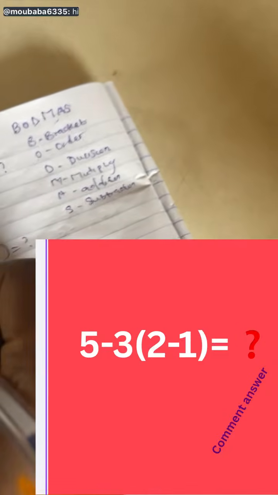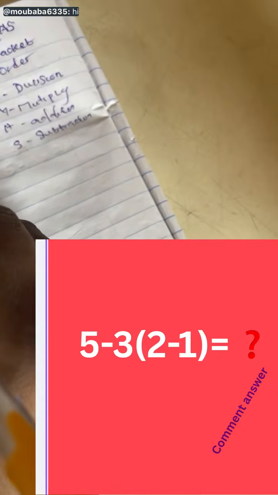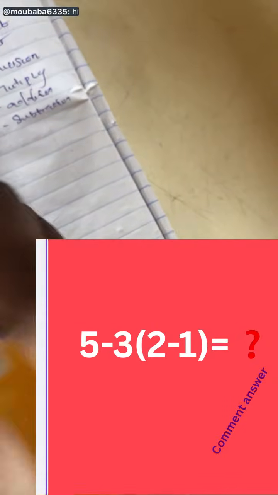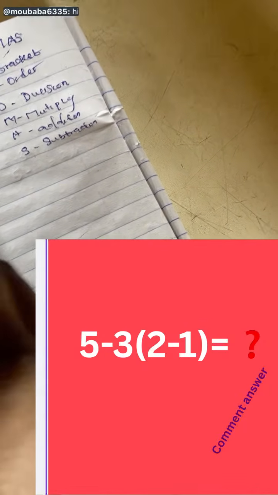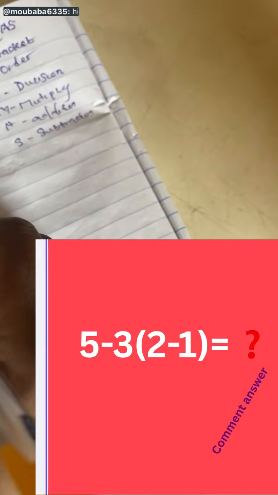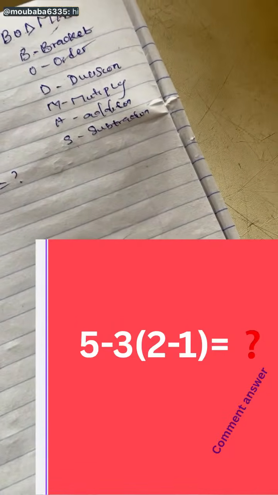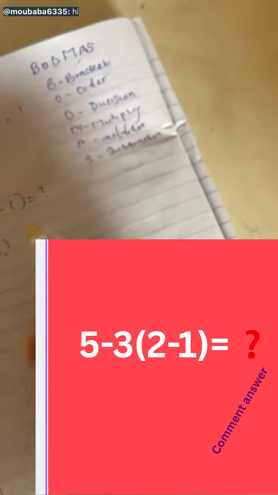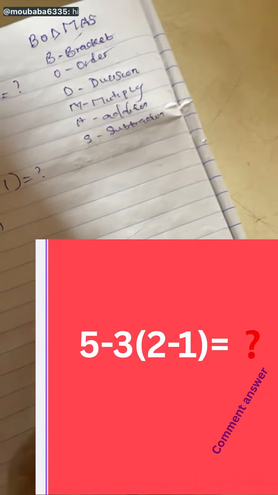So what we're going to do is first solve the one in brackets. 2 minus 1 is going to give us 1. Then we now bring down this 5 minus 3, and now put this 1 here.